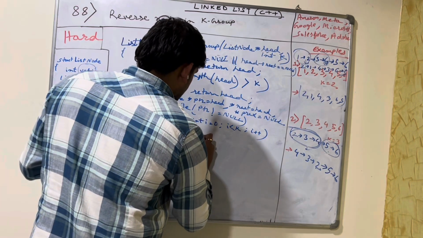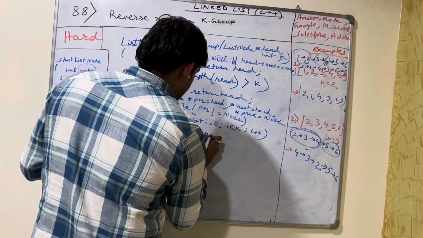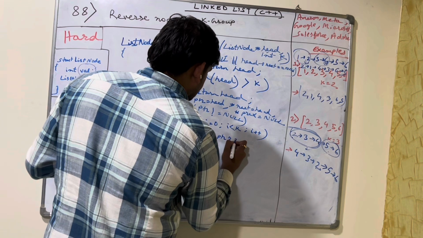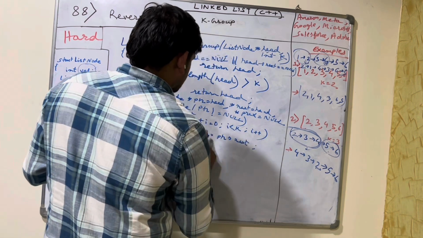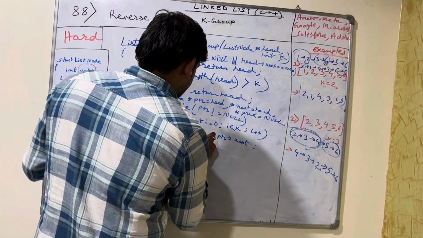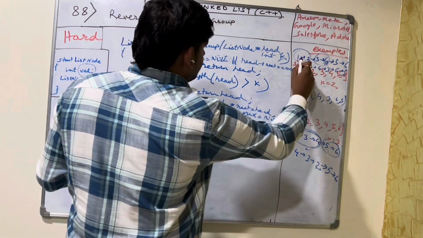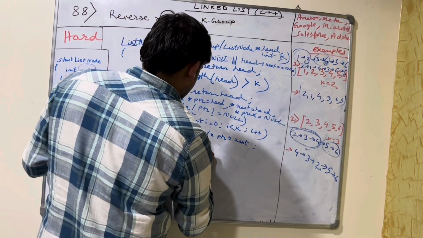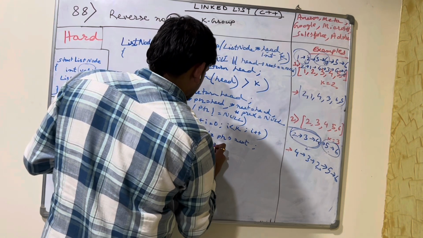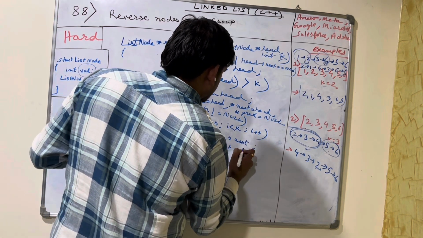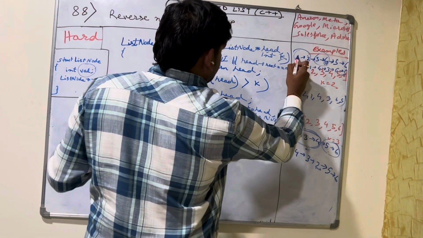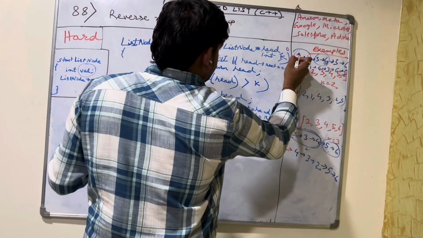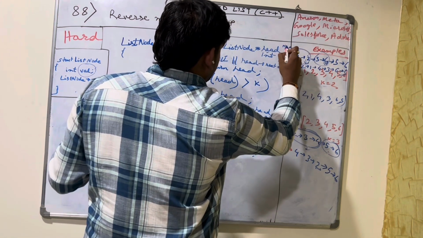So what do we do? We make next is equal to ptr next. We move this next to ptr next, and then ptr next we point to previous. So this one would be pointing to previous, which is null.